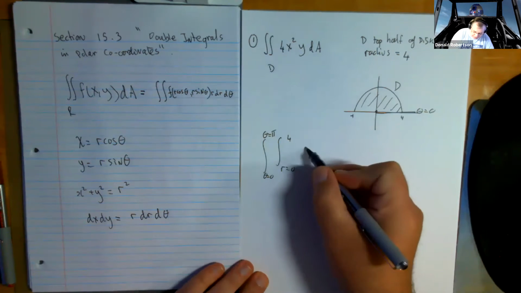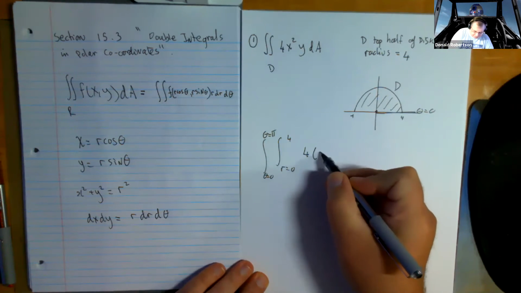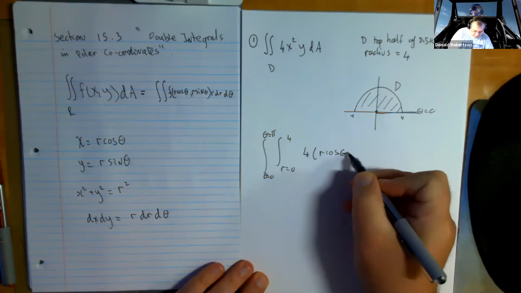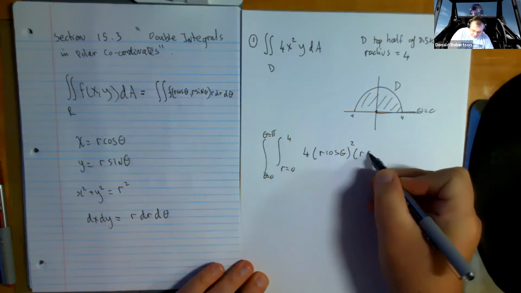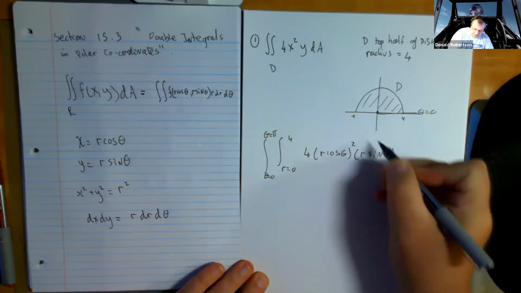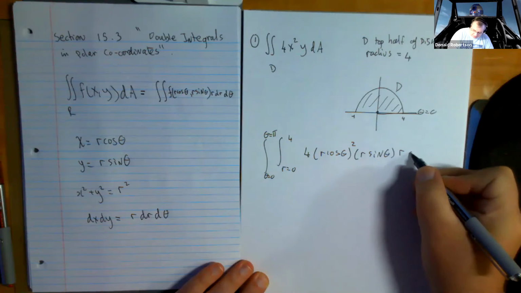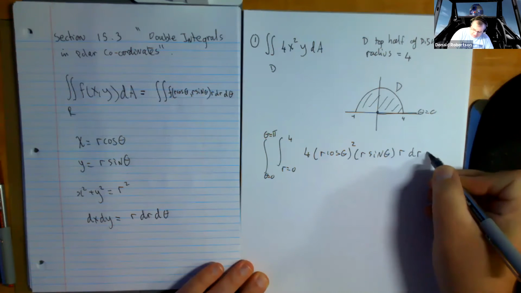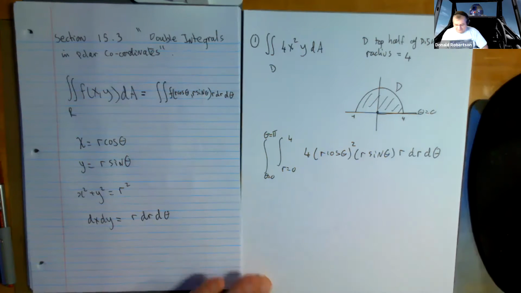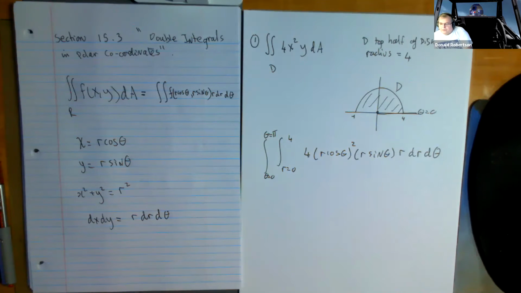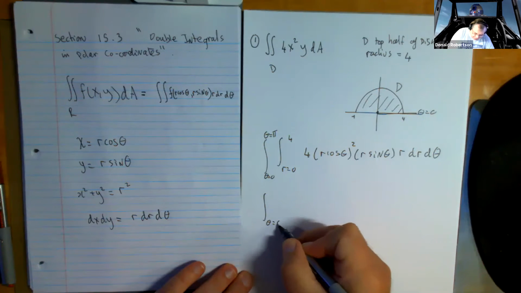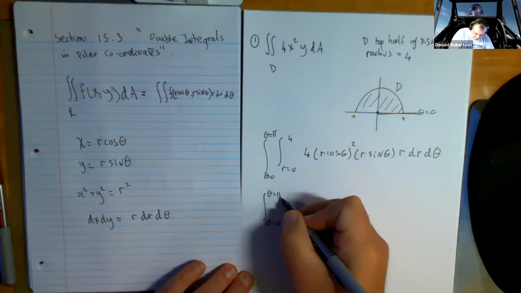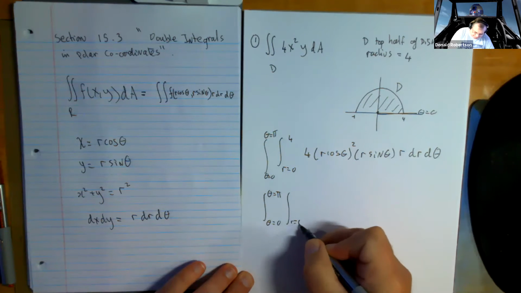Now, 4x squared becomes 4 (r cos theta) squared multiplied by r sin theta. The dA becomes r dr d theta. So far, so good. Now I'm going to do a little bit of tidying up, and then we'll figure out how to integrate this.